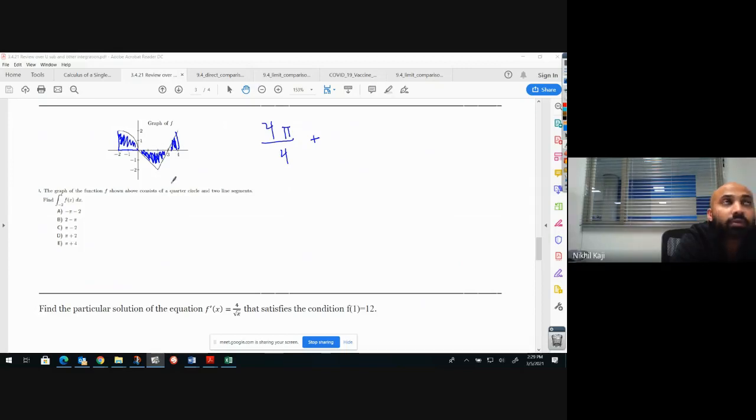So 3 times 2 is 6, divided by 2 is 3. And I know it's negative 3 because it's below the x-axis. Plus this triangle. 1 times 2 is 2, divided by 2 is 1. And it's positive because it's above. All right. So what is equal? Pi minus 2.